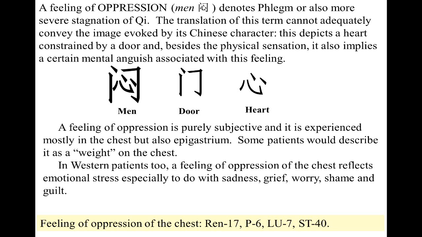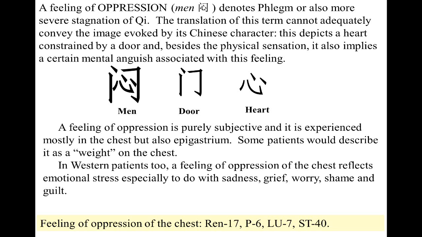So the presence of the heart radical in Chinese medicine terms always suggests something to do with the Shen. So the Chinese character is very interesting because it suggests strongly an emotional origin of this symptom of oppression, which it usually does.